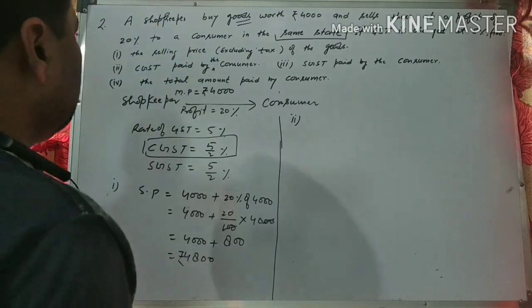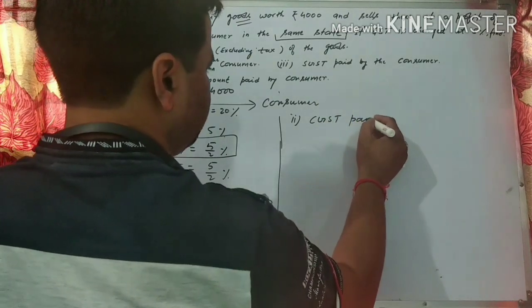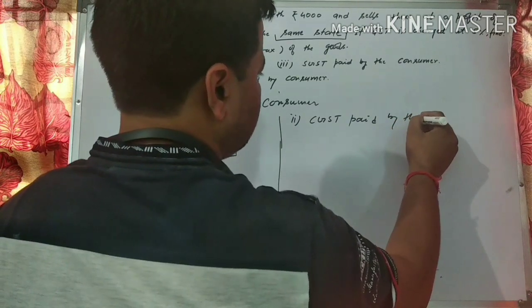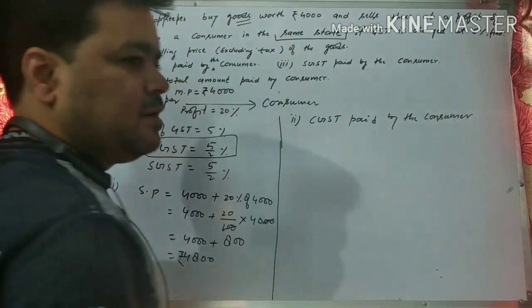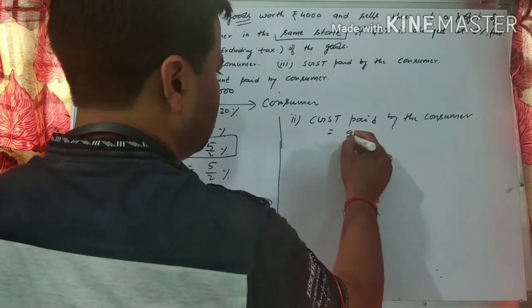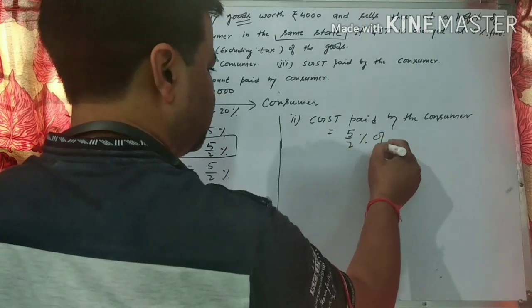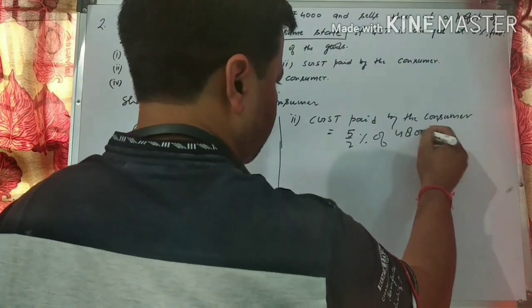Actually, the cost price of the consumer, 4,800, is the selling price for the shopkeeper. Okay, so therefore CGST paid by the consumer will be 5/2% of 4,800.